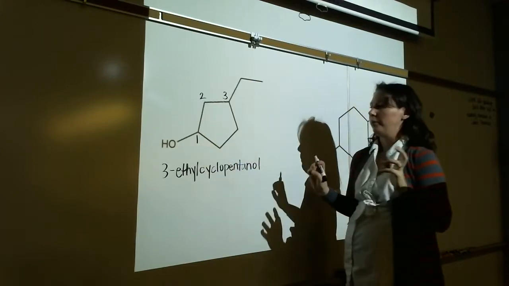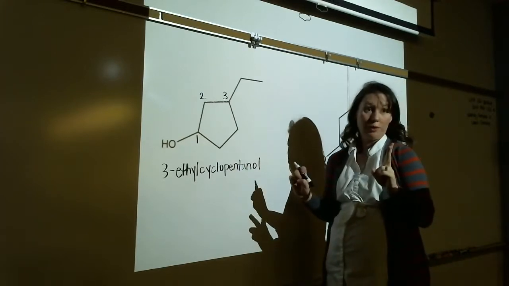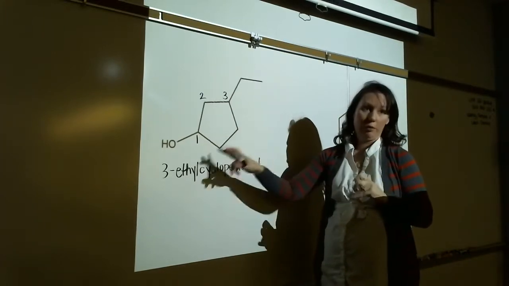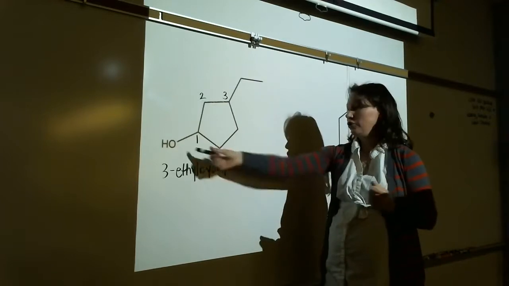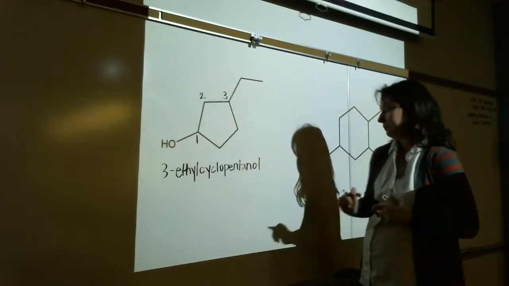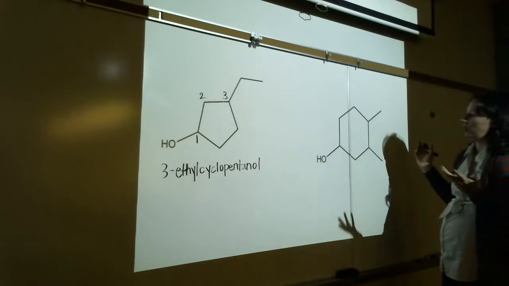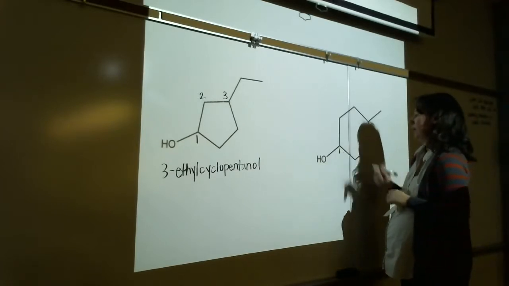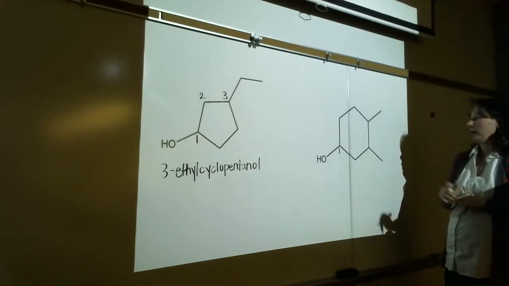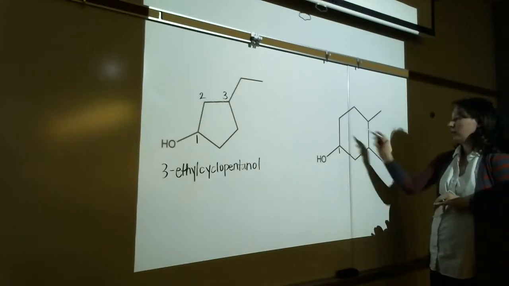Now, in a minute, we'll talk about molecules containing 2 OH groups, and then you would have to designate where both OHs are. But here, because there's just 1, you don't need to put the 1. All right, there's no question that this is carbon number 1. Now we just need to figure out which way we're numbering. Which way?